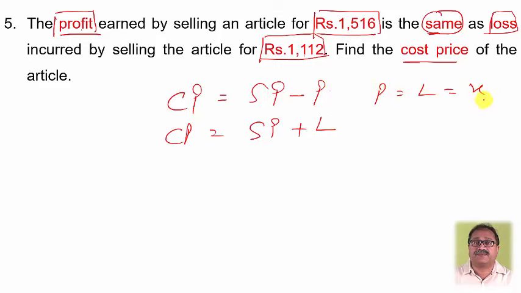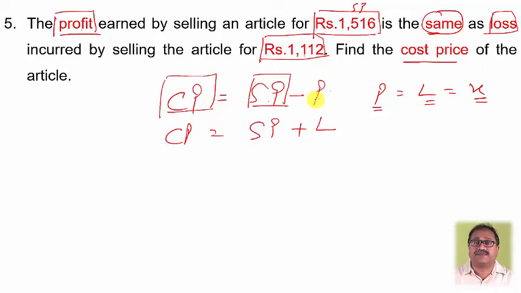Let's consider that as x. So I will consider profit as x and I will consider loss as x. So when there is a profit, the selling price is 1516. So from this selling price, what should I do to profit in order to get the cost price?